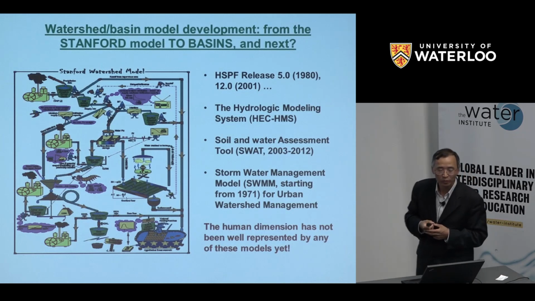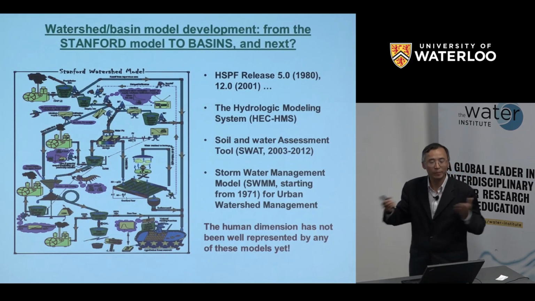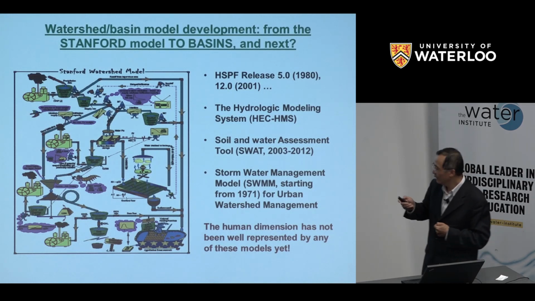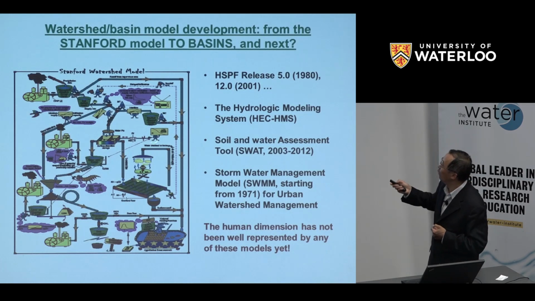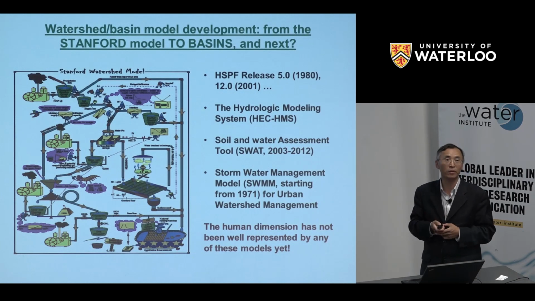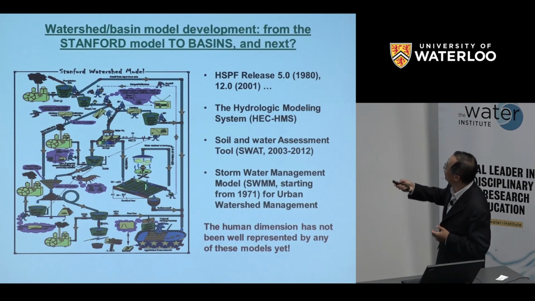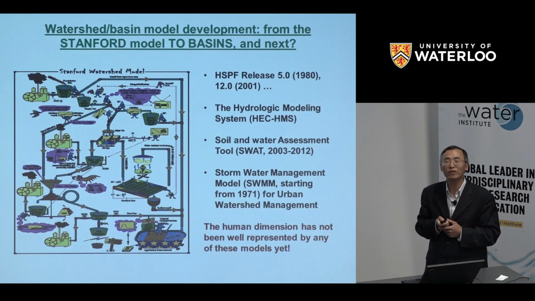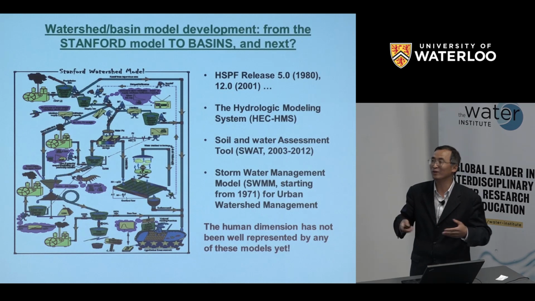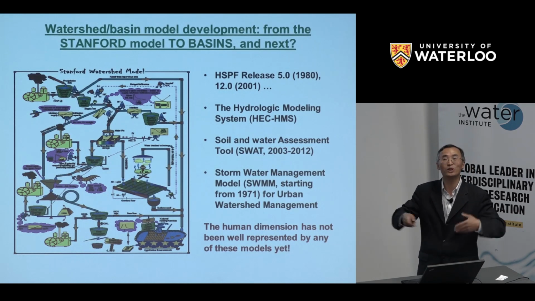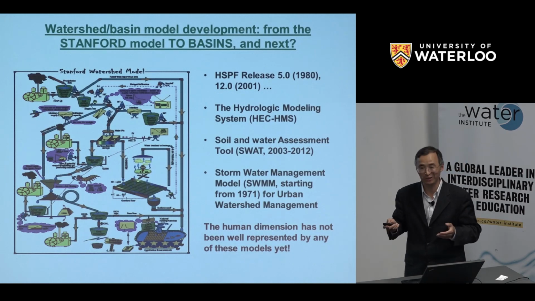When we talk about river basin models or watershed models, we always look at the history of watershed hydrological models. This is a poster of the Stanford model, which was released in the early 1970s and was called the first semi-distributed watershed model in the world.